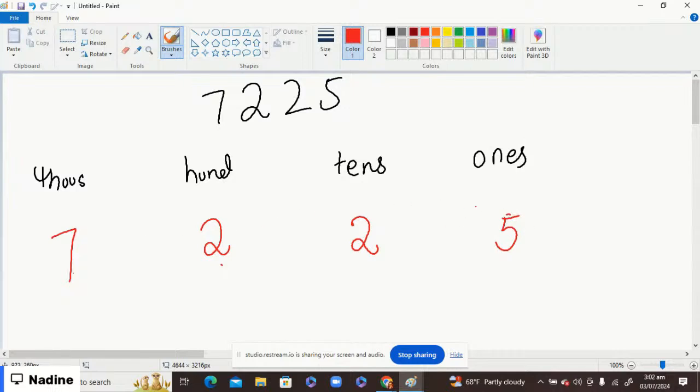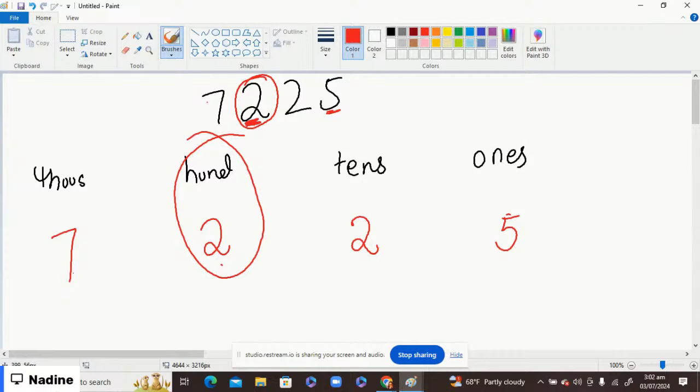This is place values. We can write down this number like this way. If they are asking in which place the 2 is, so this 2 is in the hundreds place. If they are asking in which place the 5 is, we can say that 5 is in ones place. If they are asking in which place the 7 is, we can say that 7 is in thousands place.